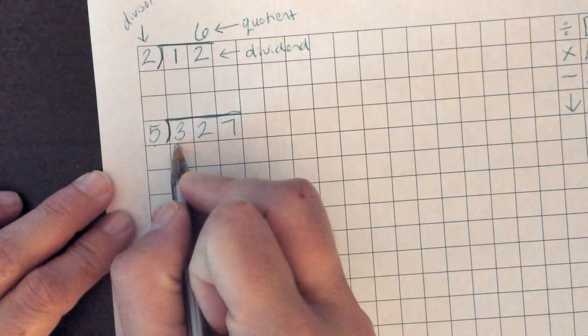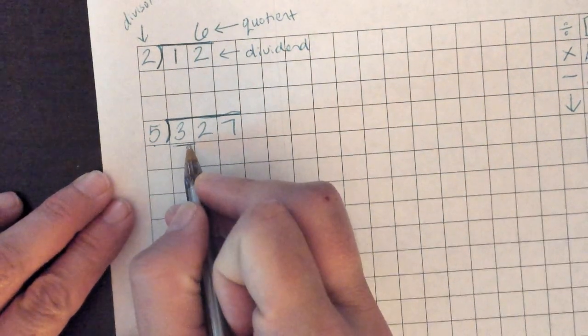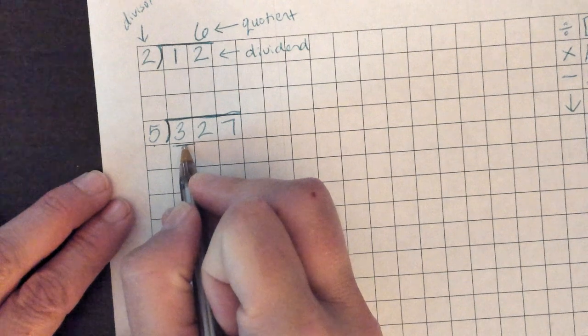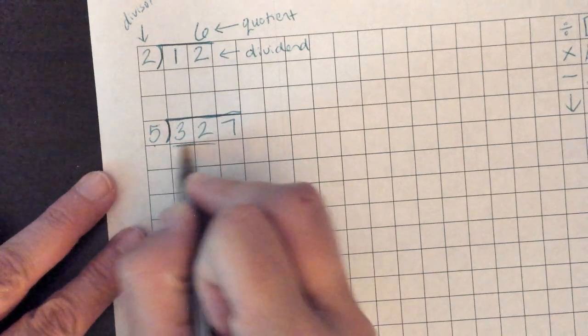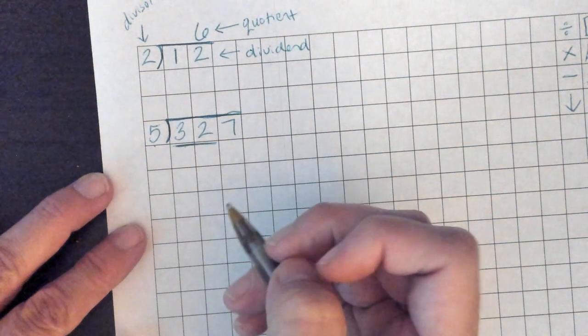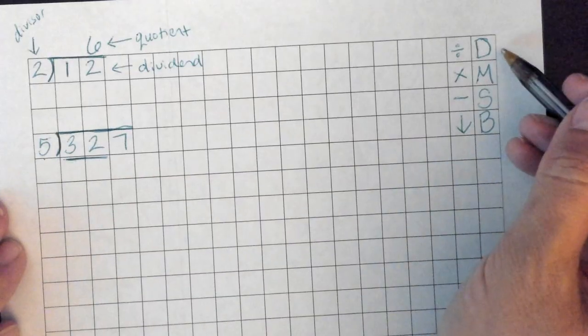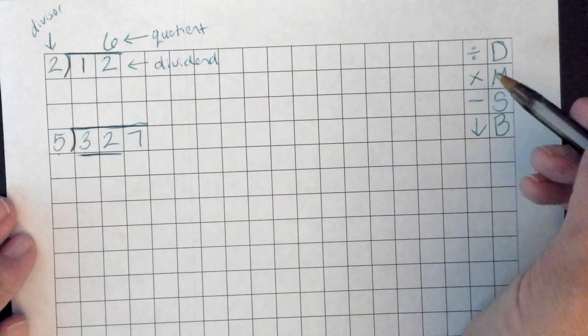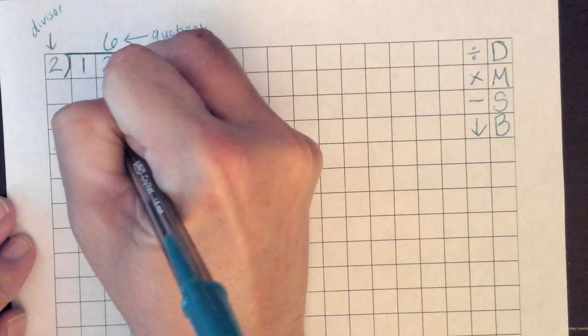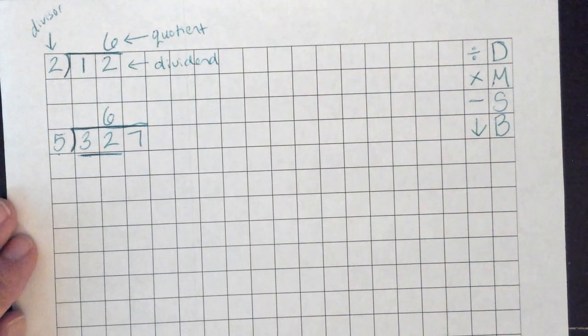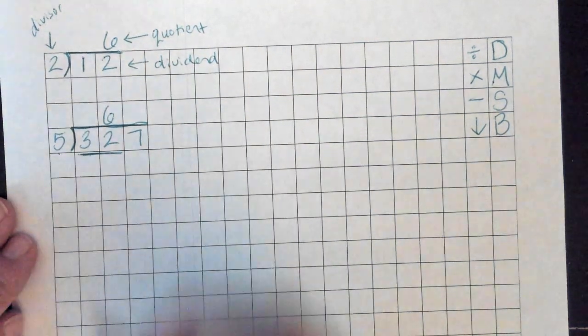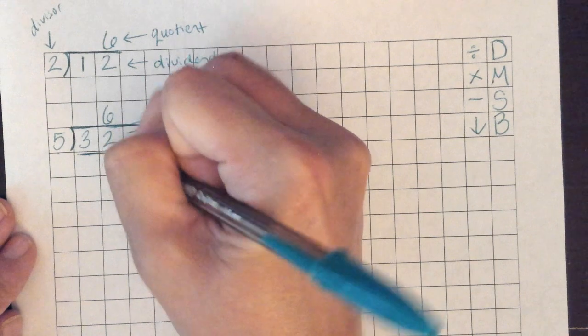So I start over here at the left. 5 can't go into 3, but it can go into 32. So I divide first. 32 divided by 5 would be 6, because 6 is the closest. So I put the 6 above where the 32 would be.